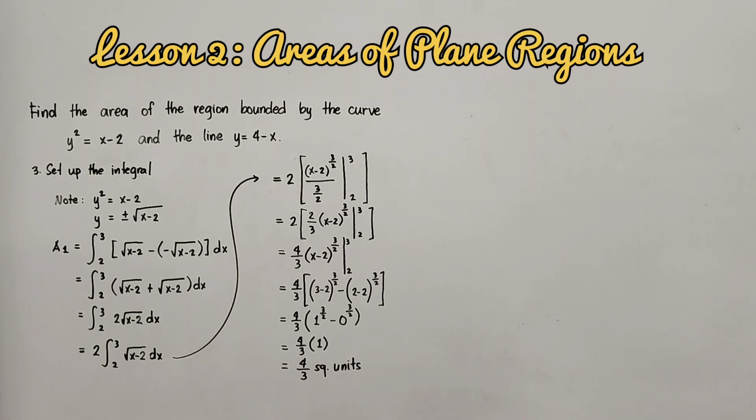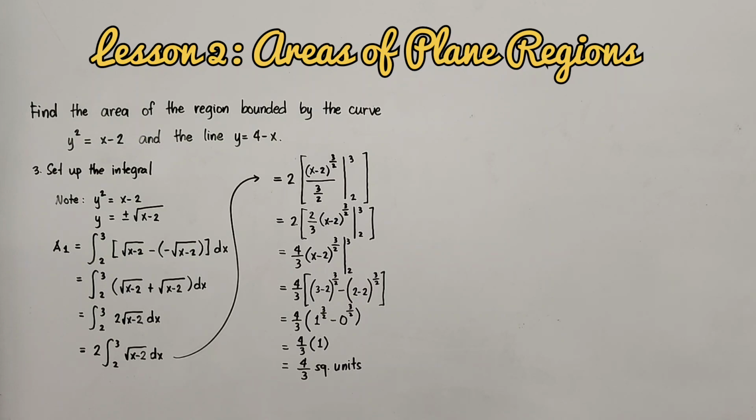And getting the reciprocal of the denominator, we have 2 times 2/3 (x minus 2) to the power 3 over 2 from 2 to 3. 2 times 2/3 is 4 over 3. We will now substitute the bounds. 4 over 3 times (3 minus 2) to the power 3 over 2, minus the lower bound (2 minus 2) to the power 3 over 2.